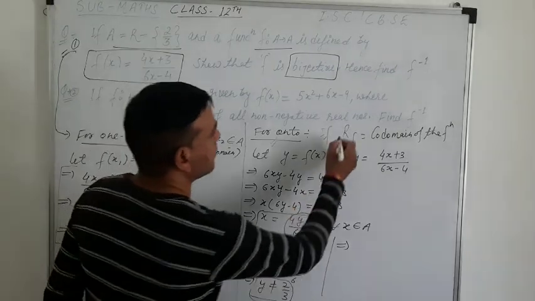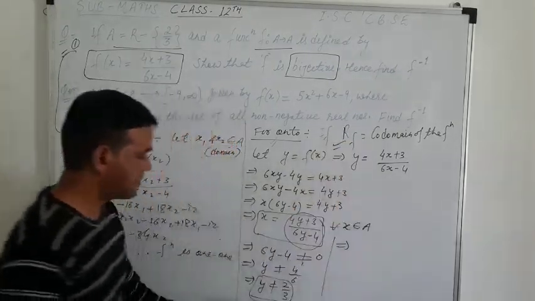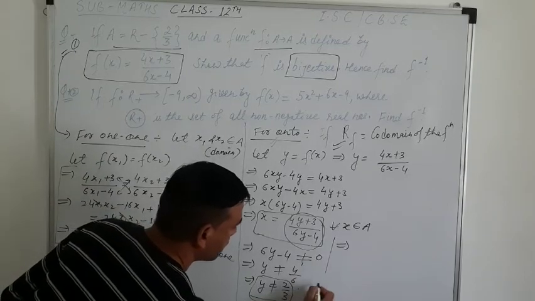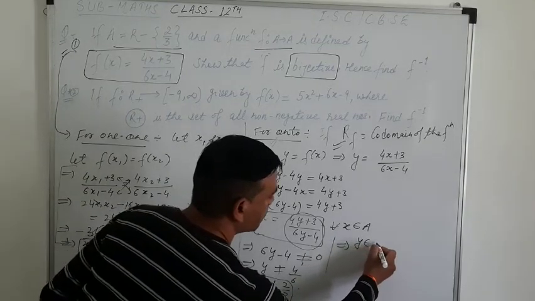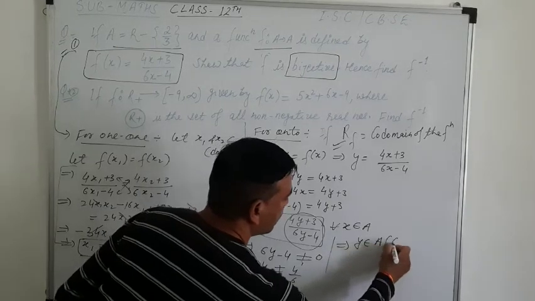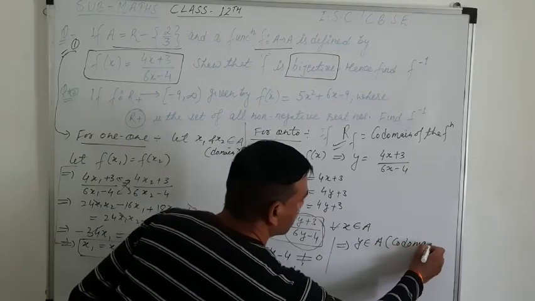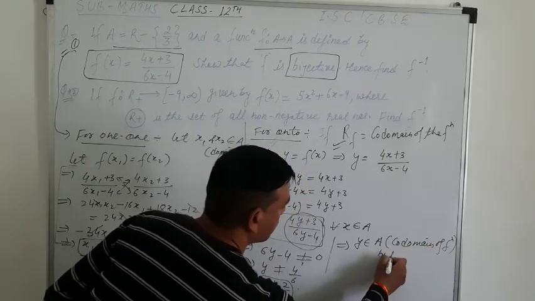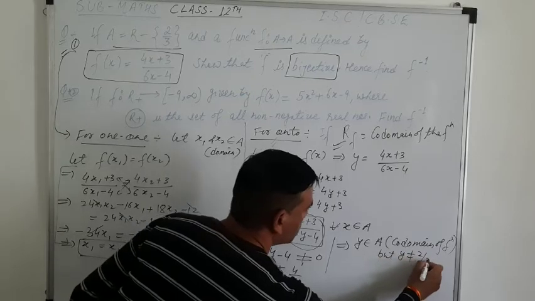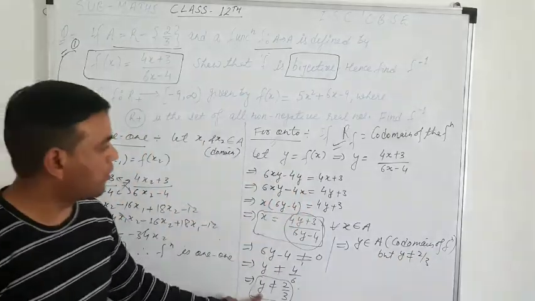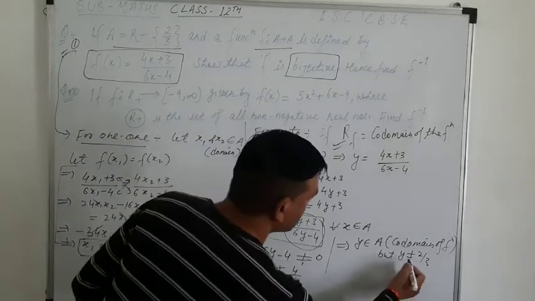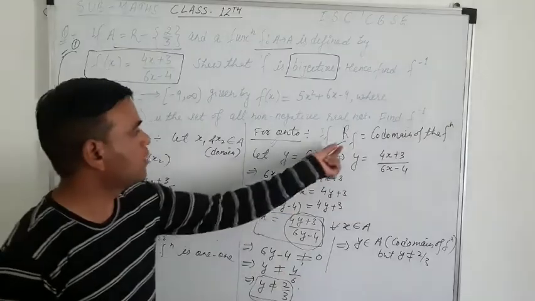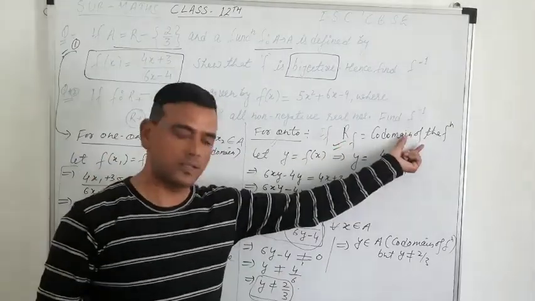So here we have found that the range of the function is a real number, where y also belongs to the codomain of the function, but y is not equal to 2 upon 3. We have already proved this. Therefore this y is the codomain of the function, and the codomain is the range of the function. Here we already proved that the range of the given function is equal to the codomain of the given function.